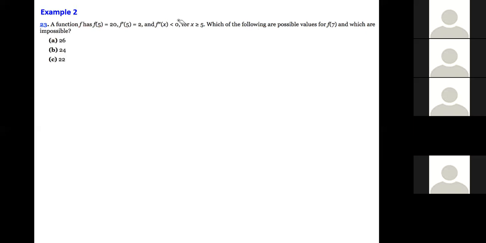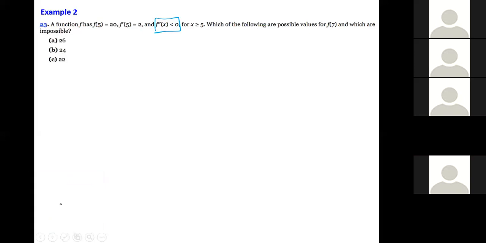That means the second derivative is negative. Yes, quite a strong message. Which of the following are possible values for f of 7, and which are impossible? 26, 24, and 22.